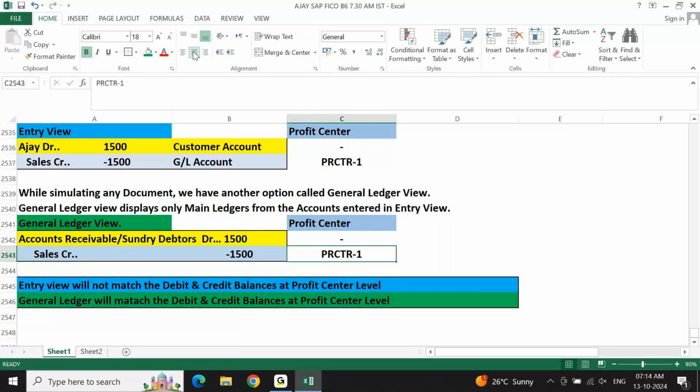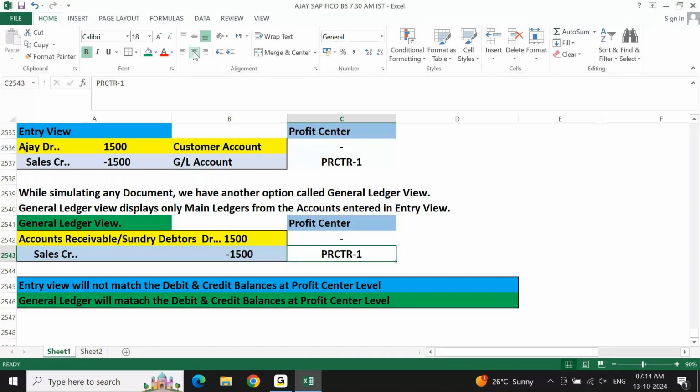Even when you're practicing, keep strictly in your mind: no profit center, no accounting document, no matter what. If you're able to post an accounting document without profit center, whatever practice you're doing is of no use. Whatever topic you're understanding, whatever effort you're putting in, config, all is a waste of time. No questions asked, everything is useless.